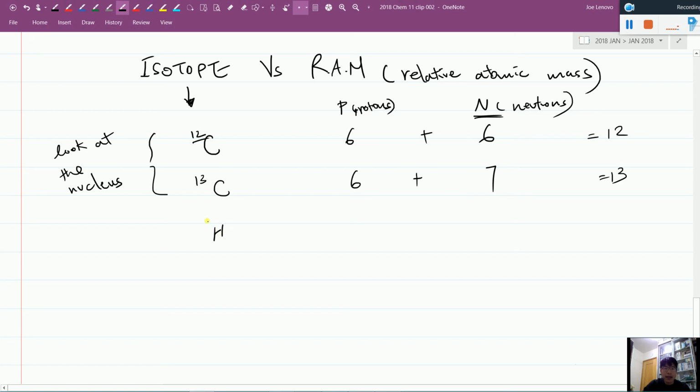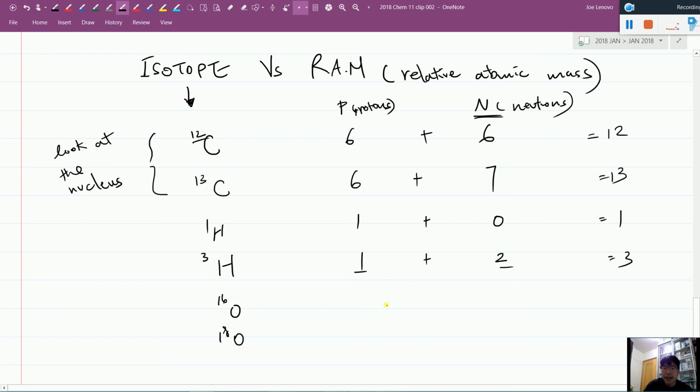How about hydrogen-1 and hydrogen-3, or oxygen-16 and oxygen-18? Hydrogen has 1 proton. So 1 plus 0 equals 1, and 1 plus 2 equals 3. You have 2 neutrons and 1 proton for hydrogen-3.